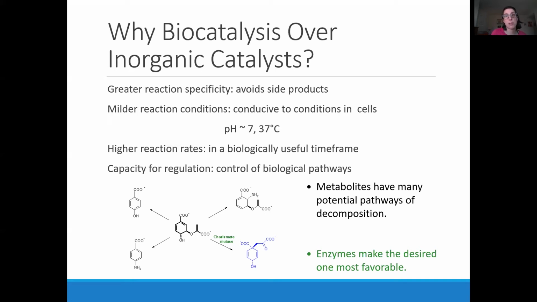Well, one of the major reasons in an organism you would want to use a biocatalyst is you have greater reaction specificity. A lot of these inorganic catalysts can work on numerous types of reactants to make all kinds of different products. So they speed up general reaction types, but they don't specify only one single chemical that they will react.